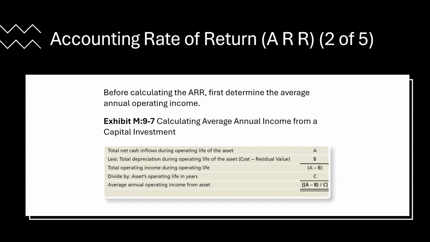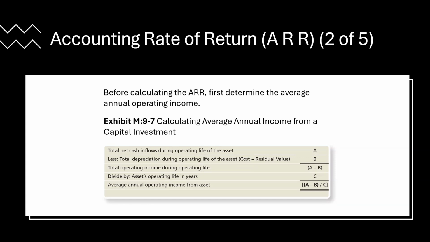Recall the business-to-business portal, which costs $240,000. It has equal annual net cash inflows of $60,000, a 6-year useful life, and zero residual value. Let's look at the average annual operating income in the numerator first. Its formula is displayed here.